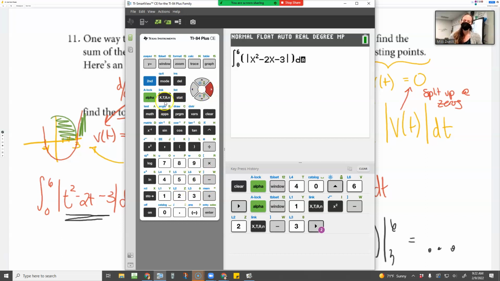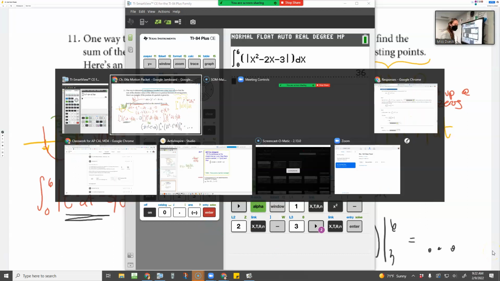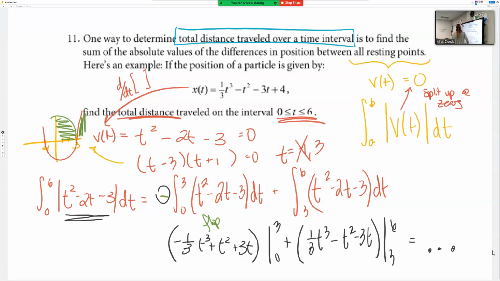I don't need to use t's, I can use x's. It'll end up being 36 at the end of the day if I was to solve this by hand.